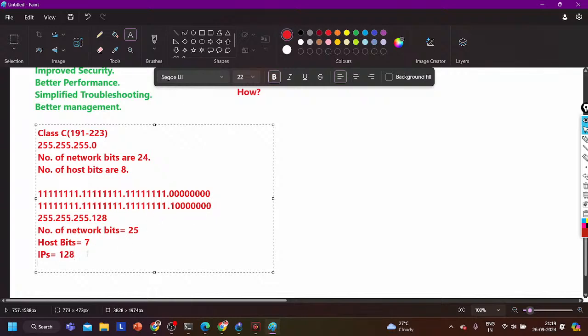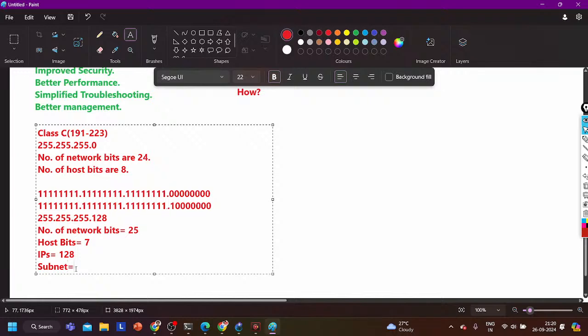And guys, the divided network, the smaller part of the network, is called a subnet. Network means the default network of class C, and subnet means the network after subnetting. Subnet means a small part of a network, right?